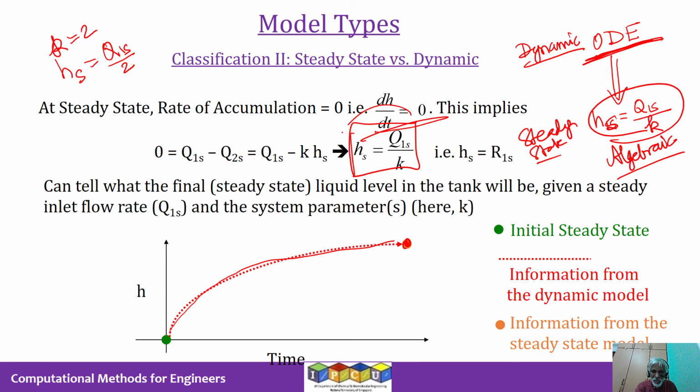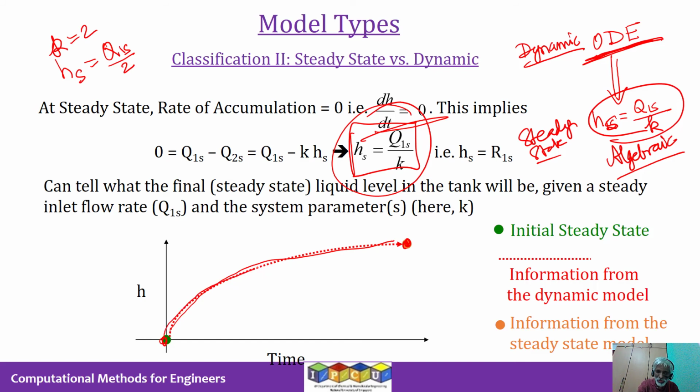This equation cannot tell us what happens when Q1 suddenly changes from 5 to 7. How does the system move from a certain liquid level to another liquid level? That the algebraic model will not be able to say. The ODE, the dynamic model, will be able to tell us the initial value.